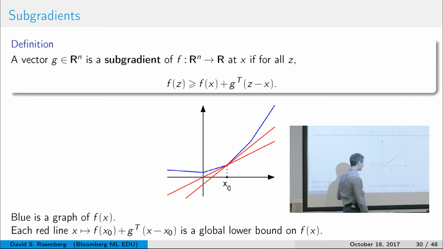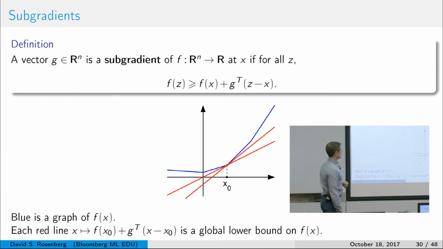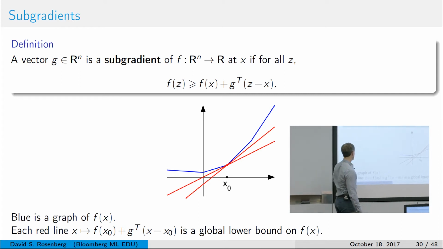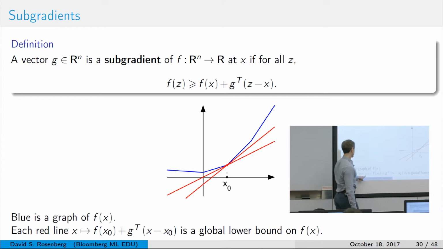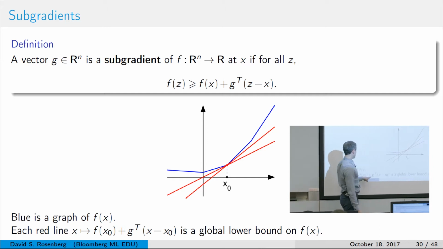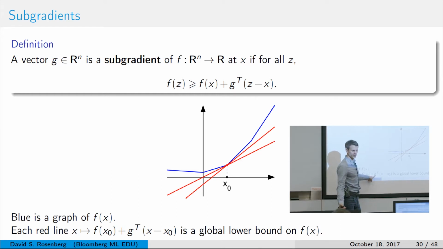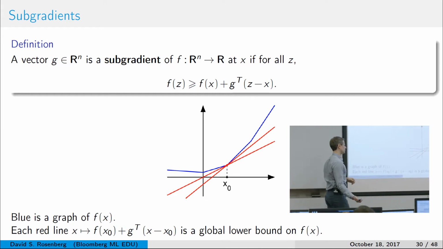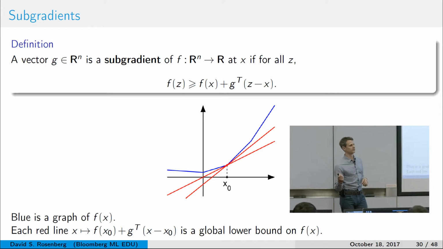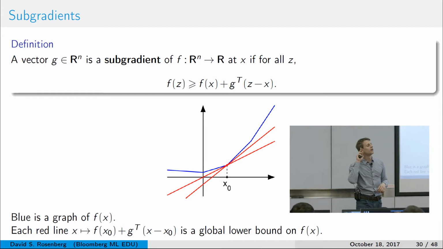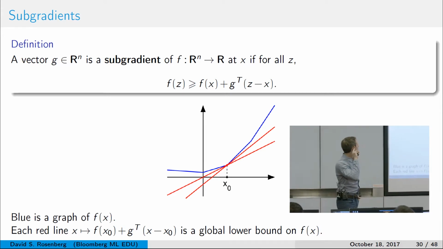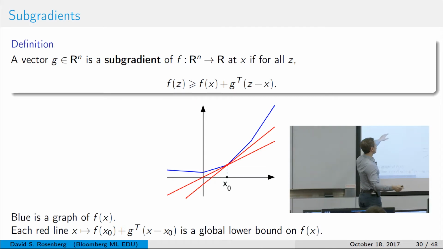OK. So the red line is a function of the form x maps to f of x0 plus g transpose (x minus x0), where g is the subgradient. So what space does g live in? Okay, generically, Rn.